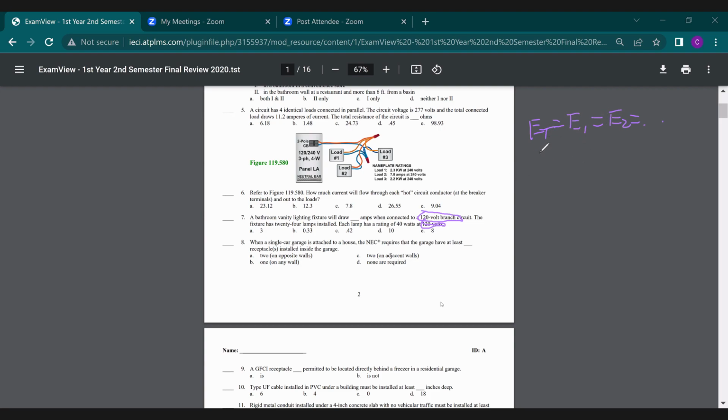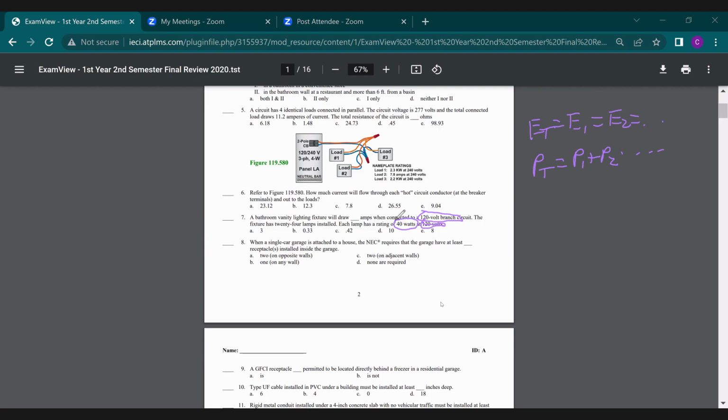In parallel, I know that my power total is P1 plus P2 and so on and so forth. Because that's true, P total equals P1 plus P2. I have a rating of 40 watts for each of these lamps.